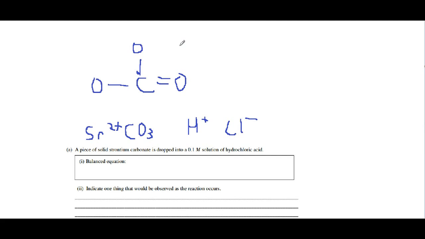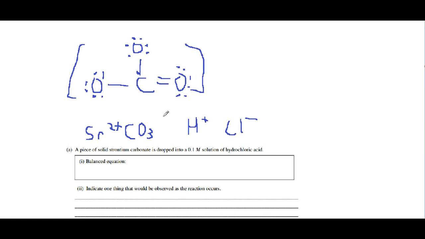So this is a coordination complex, and the double bond can switch. We should really draw these lone pairs. So the double bond can switch between any of these 3, so it's a very unstable compound. So that's why oxygen is very easily ripped off of it by our H plus ion.